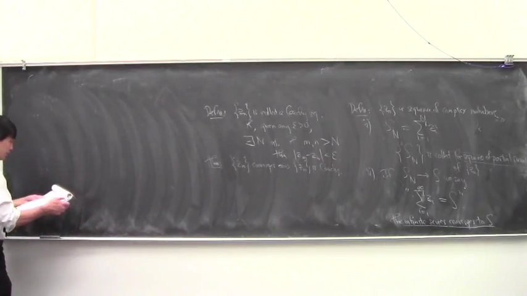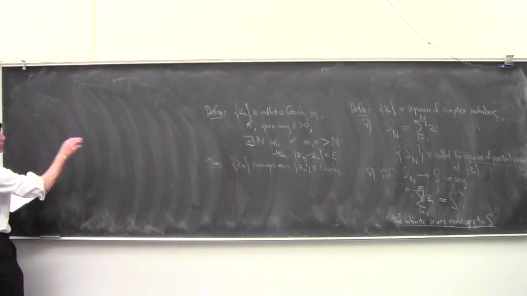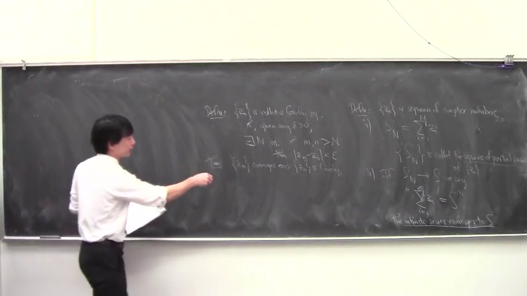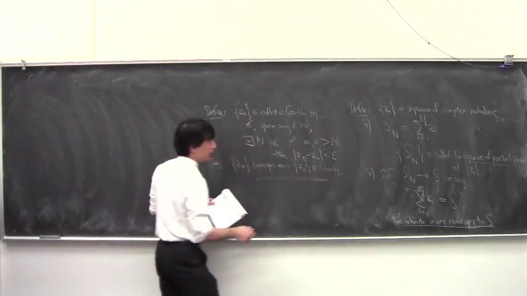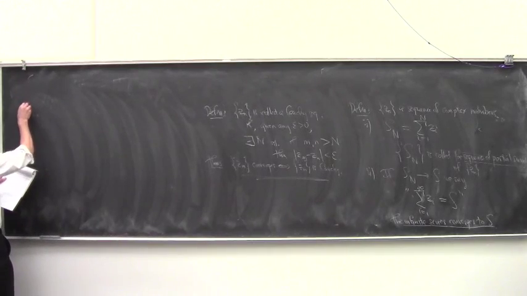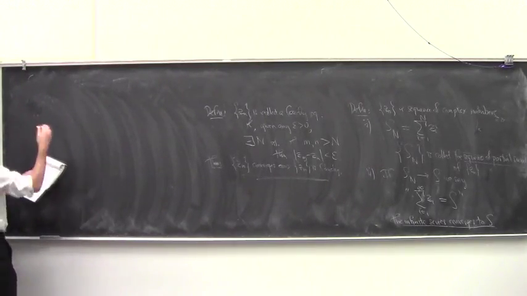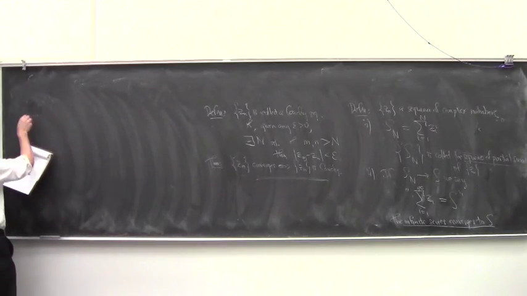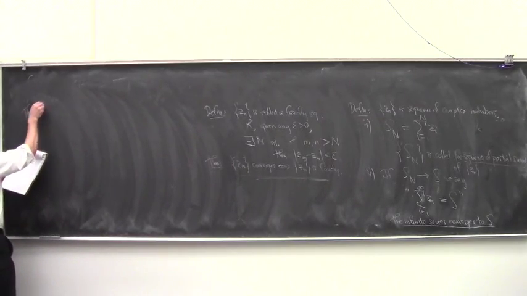Okay, so then you take this Cauchiness and you translate it in terms of series. So what does Cauchiness mean for series? This is called the Cauchy Criterion.